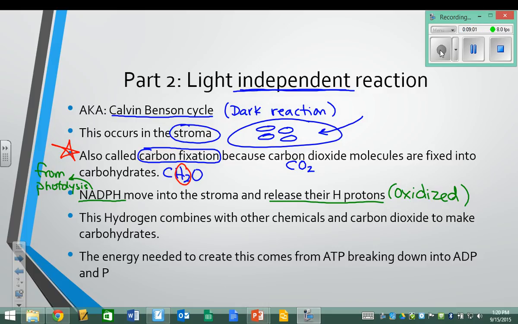That means if it's getting oxidized, something else is getting reduced. When I take CO2 and add hydrogen to it, I'm essentially reducing it. I'm adding things. Since oxidation and reduction always have to happen together, if something is oxidized, something else has to be reduced, and that's the link.